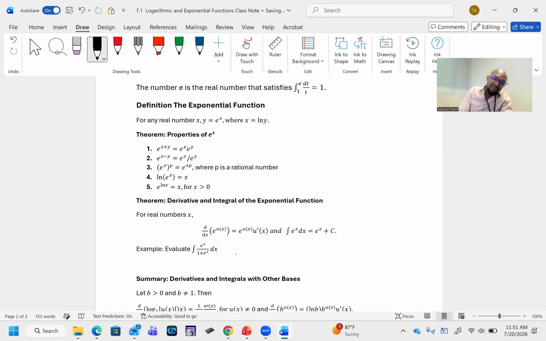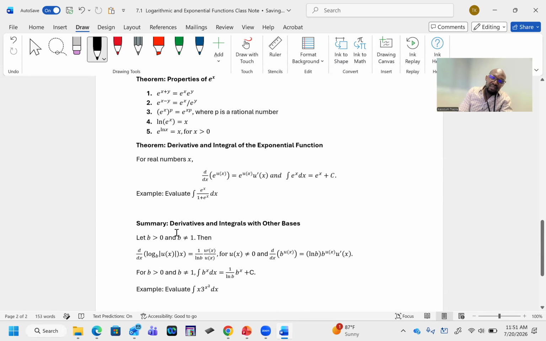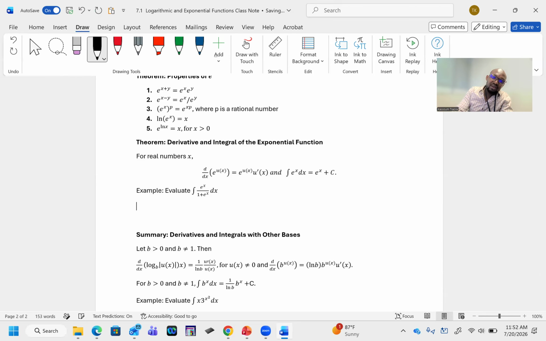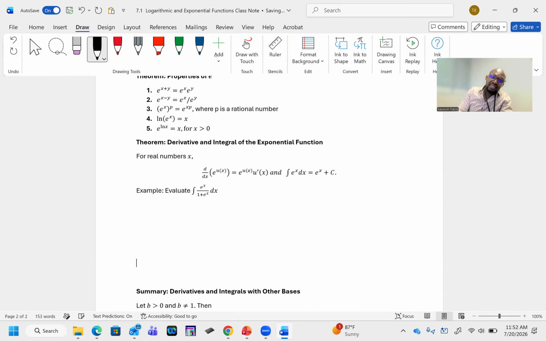So example, evaluate the following integral: the integral of e to the power of x divided by 1 plus e to the power of x. Again, if you remember, we said we do not have a quotient rule when we are dealing with integrals, right?